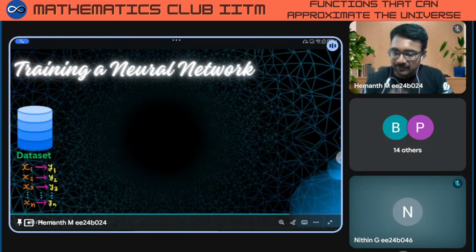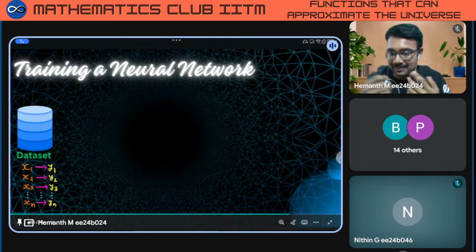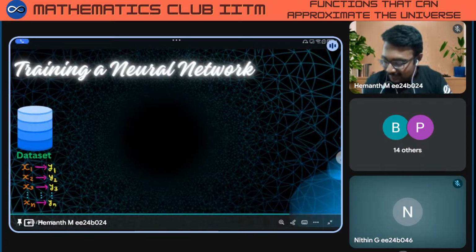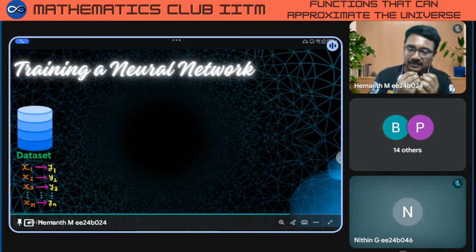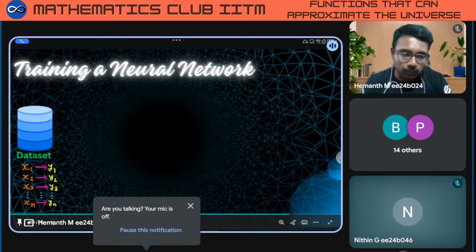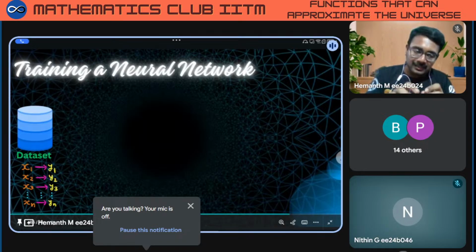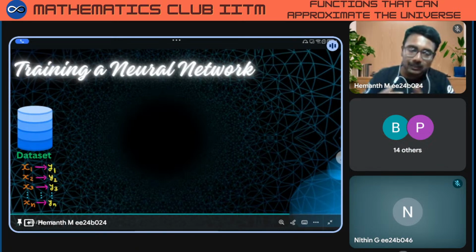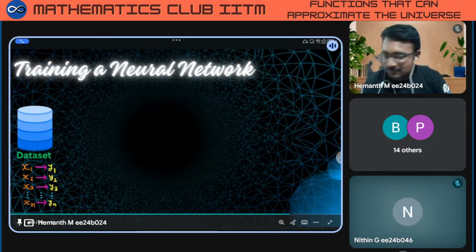Generally, we have very huge data sets, and the larger the data set is, the more powerful the network can be when trained. You're giving the network data or examples and asking it to learn the mapping from input to output. You want to learn which function can map this input to output, so that next time when you give some other arbitrary input, it gives a reasonable output, close enough to what you could expect.